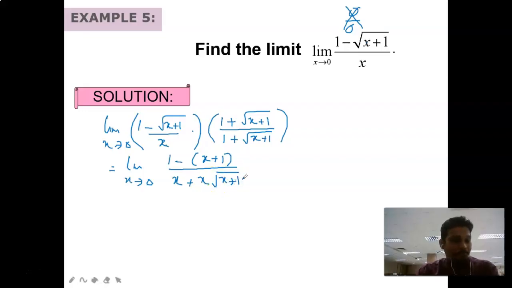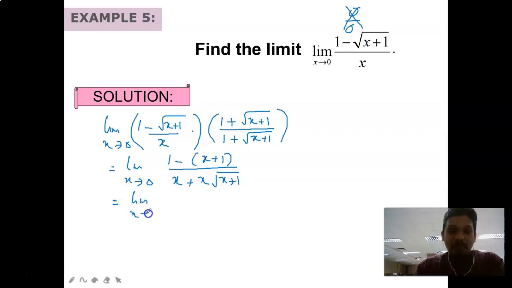Then now, we substitute x equal to 0. Or before that, I'm sorry, we are not going to substitute right now. We're going to simplify first.